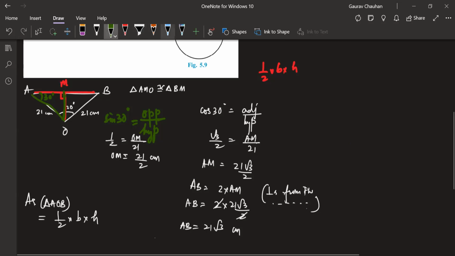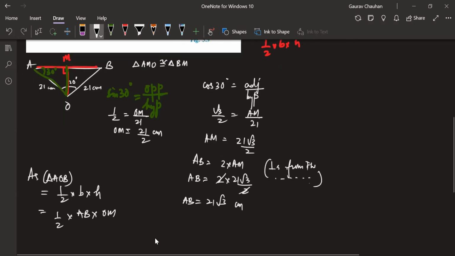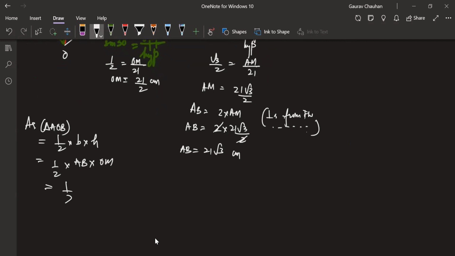My base is AB, my height is OM. So half into AB into OM is equal to half into 21 root 3 into OM. OM is how much? 21 by 2. We good?